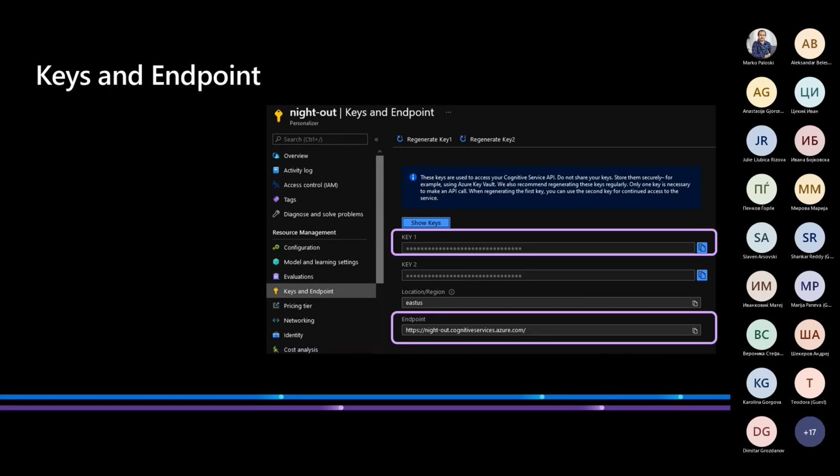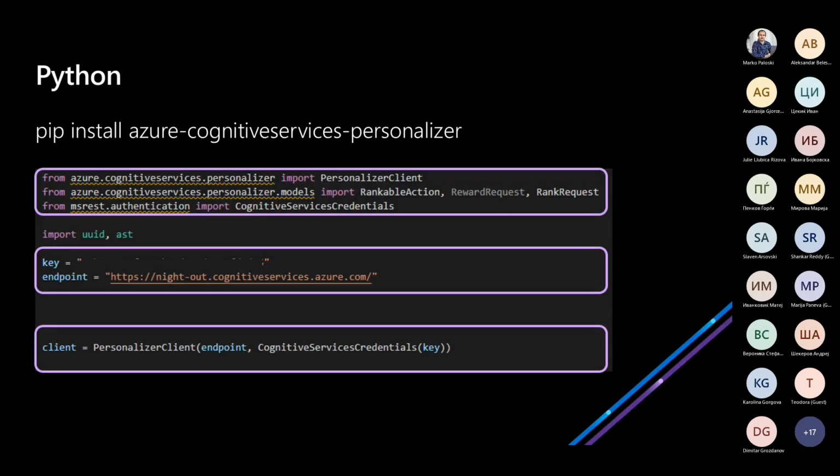When we get those two things, our key and endpoint, we go back to our VS Code, right in our main file. Since we're working with Python, we should have installed the Azure Cognitive Services Personalizer package.